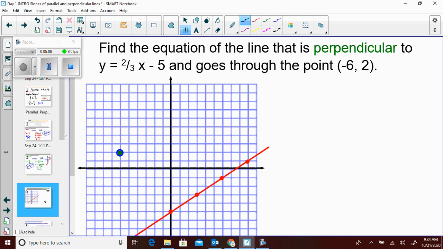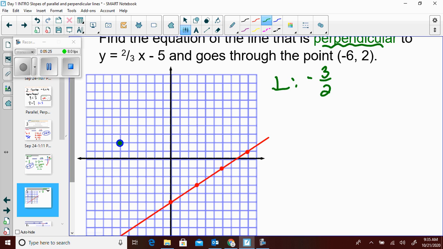So the first thing we have to do is identify, am I looking for parallel or perpendicular? Perpendicular. So the perpendicular slope to 2/3 is -3/2. So I have my slope, and it's going to go through this point, -6, 2. There's the line, 2/3 x minus 5.